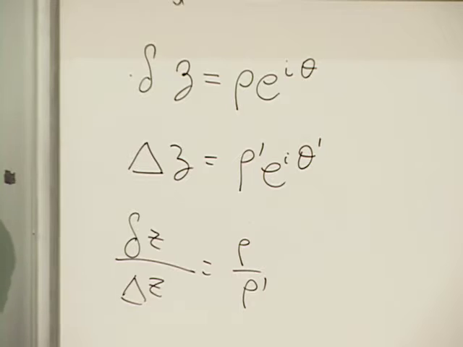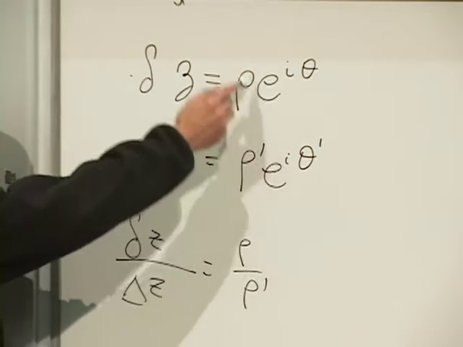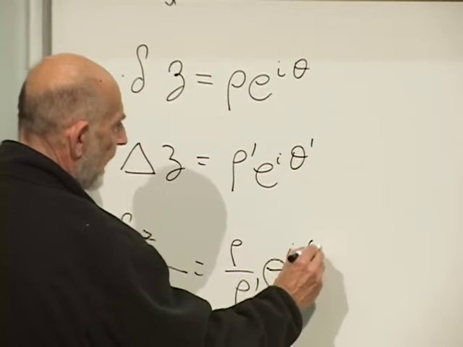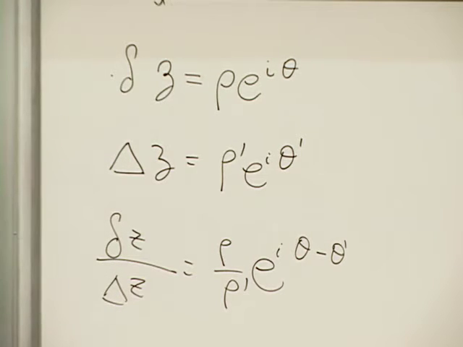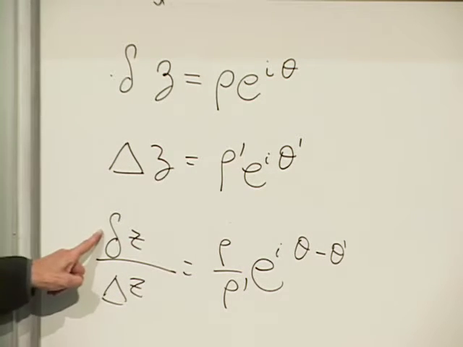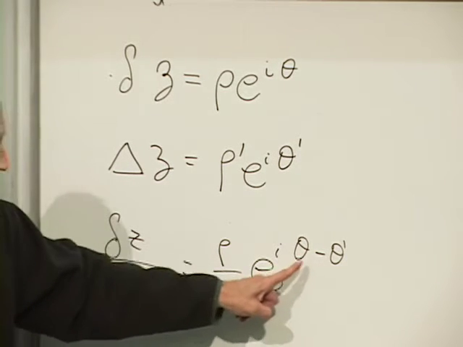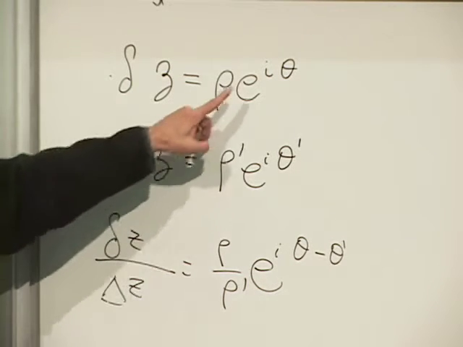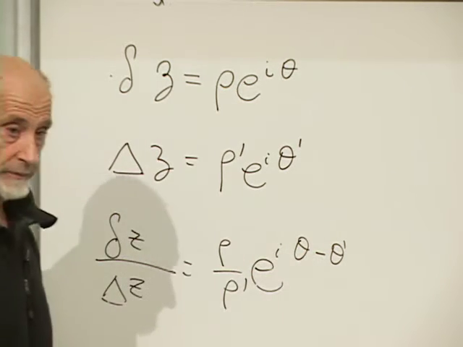We could make it simple and set rho and rho prime to be equal, because rho and rho prime are not the issue here. What I'm interested in is these angles. What do I get for the angle? I get e to the i (theta minus theta prime). The important thing here is that the angle associated with a ratio is the difference of angles. If I have a ratio of two complex numbers, the angular part of it is the difference of the angles. Keep that in mind. Okay?